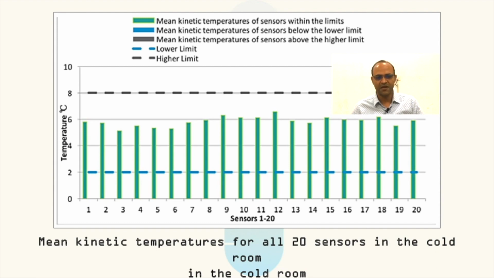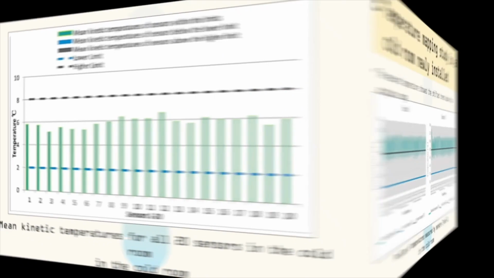Similarly, for the second sensor it is below 6, maybe close to 5. And if you see generally, this is well below the design upper limit and above the lower limit. But here if you see the temperatures which are closer to 8, the sensor 12 is showing a higher range.